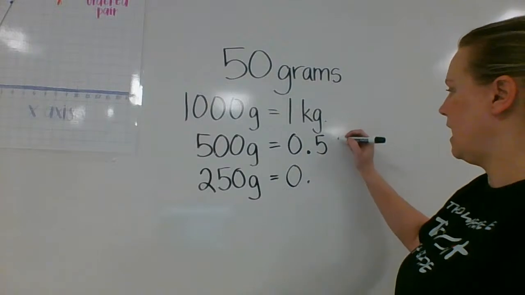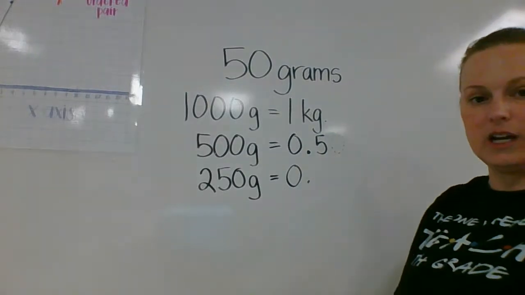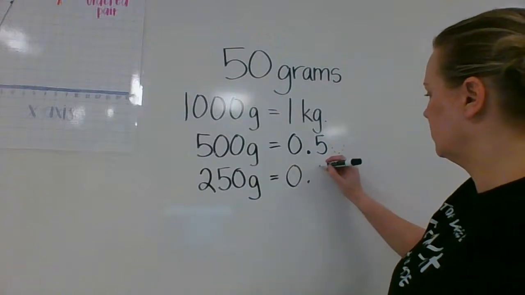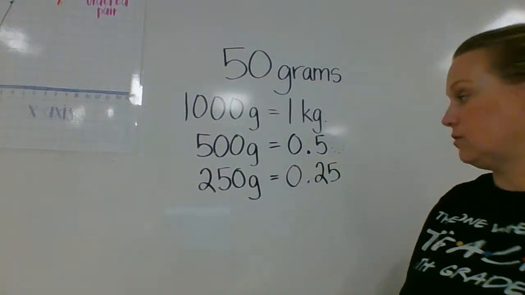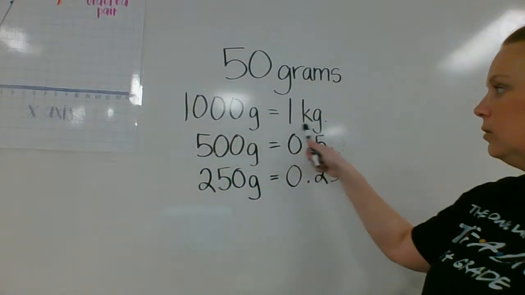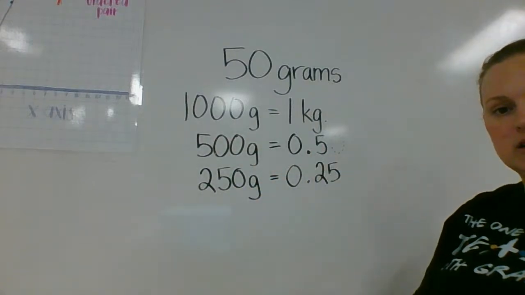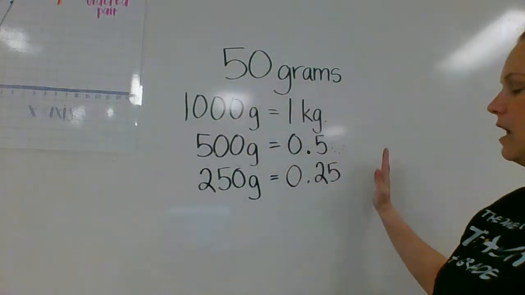Well, what's half of 5/10 or 50 hundredths? 25 hundredths. So do you see a pattern that's also linked between the equal on each side of the equal sign?